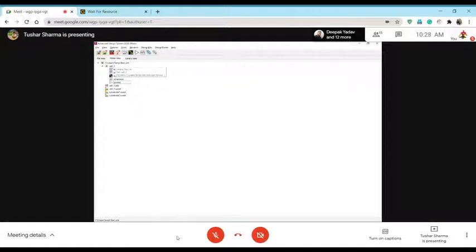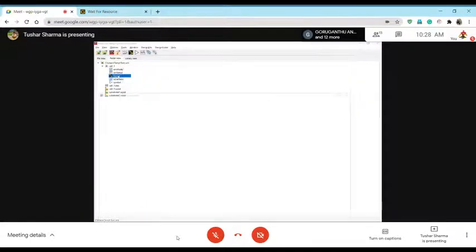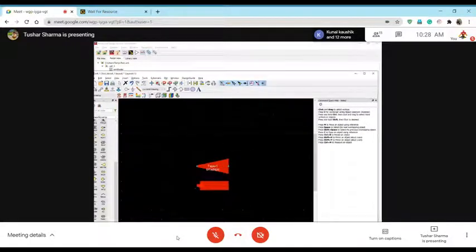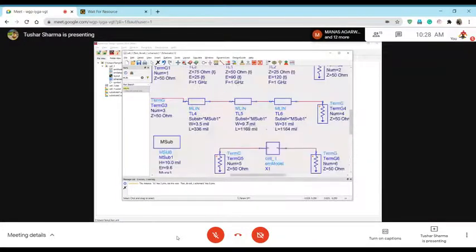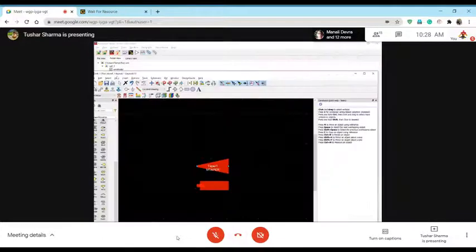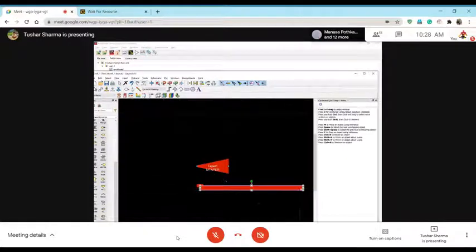So now even if you want to do a transformer design, for example, just a simple lambda by 4 transformer, 90 degrees length, as you see, for 50 ohm and 90 degrees it is 9.7 mils width and 1169 mils length for this substrate. So that transformer will be just a small line, whatever width is mentioned, and that will guarantee that the 100 ohm impedance gets transformed into whatever your impedance is.